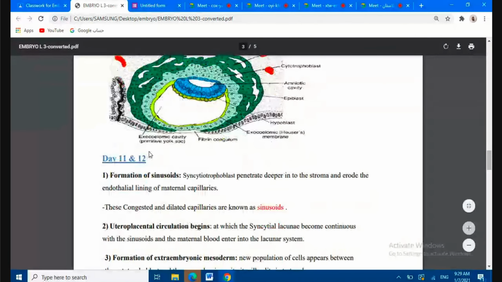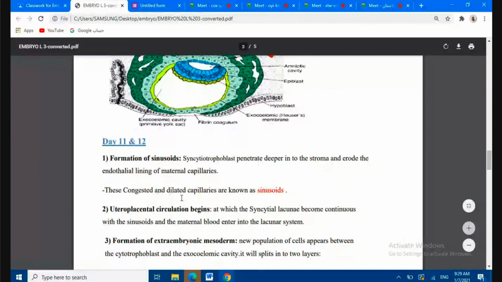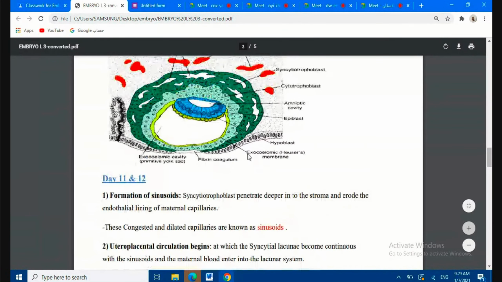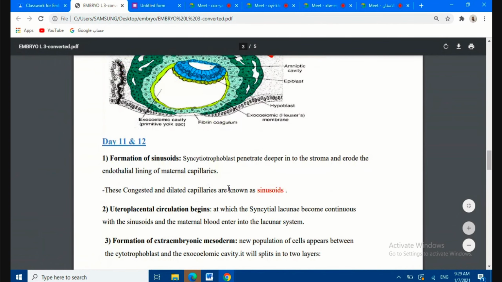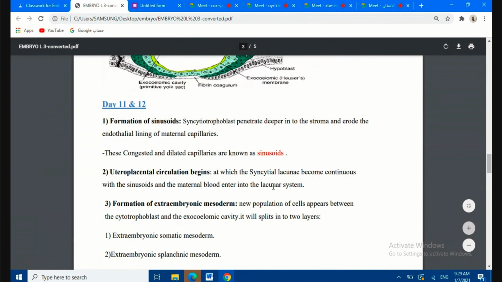These congested and dilated capillaries are known as sinusoids. So whenever there is a complete system between the mother and the embryo, there is a capillary that we call sinusoids, congested and dilated with the mother's blood vessels.